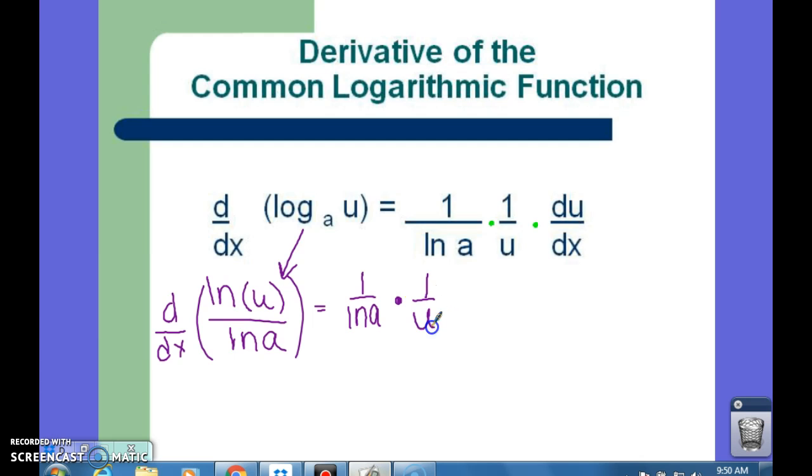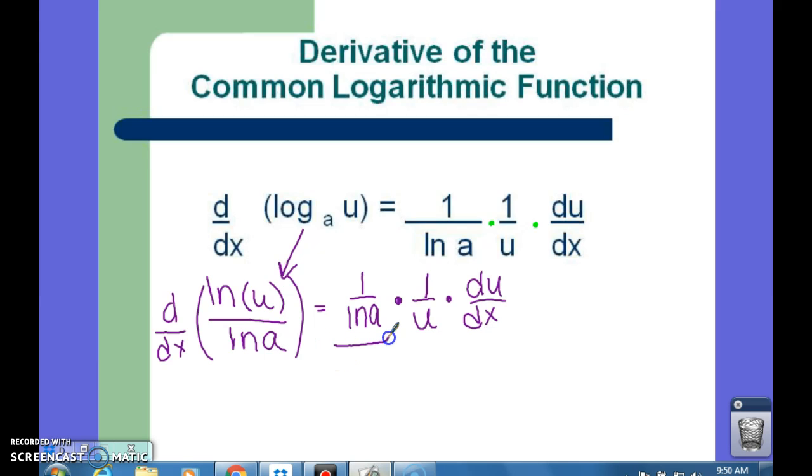It's 1 over u times du dx. So do you now see where this crazy derivative came from? It came from the change of base formula for the derivative of the common log. So this isn't just some crazy thing that somebody came up with. They actually transformed it by change of base and then derived that, which you can do. That's a valid option, or you memorize this.